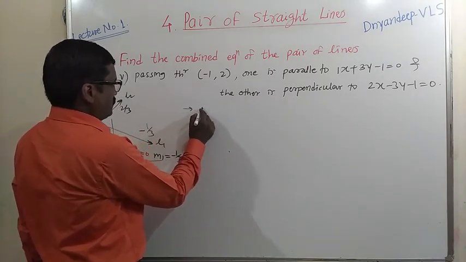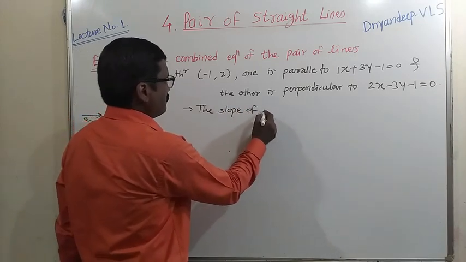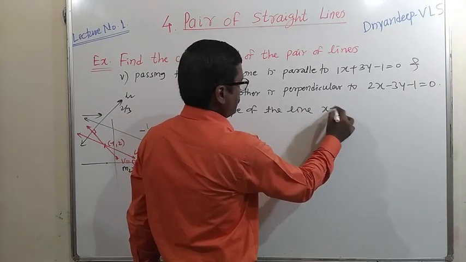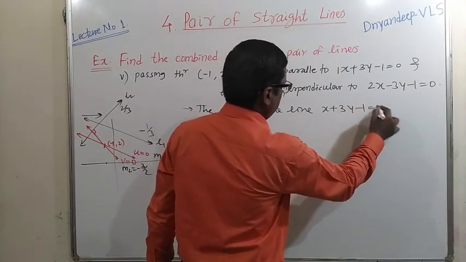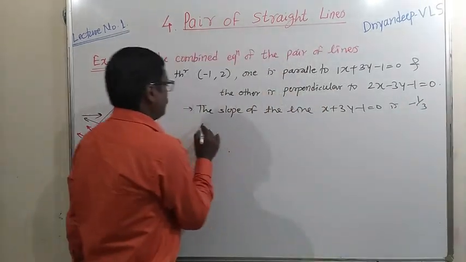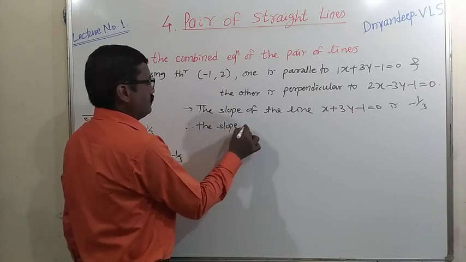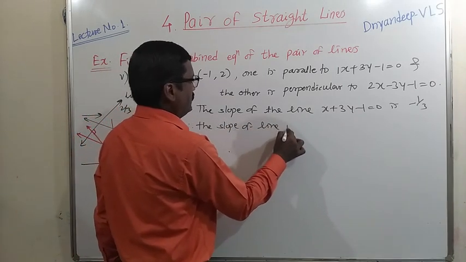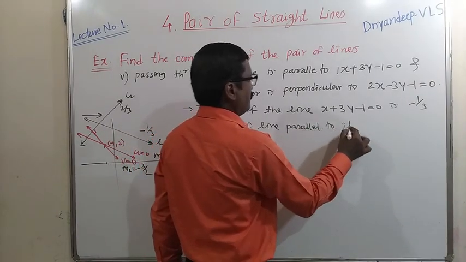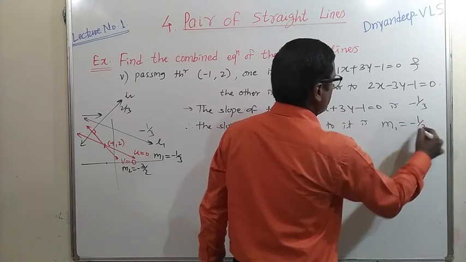In the solution part, the slope of the given line x plus 3y minus 1 equal to 0 is -1/3. Therefore, the slope of the line parallel to it is also m1 equal to -1/3.